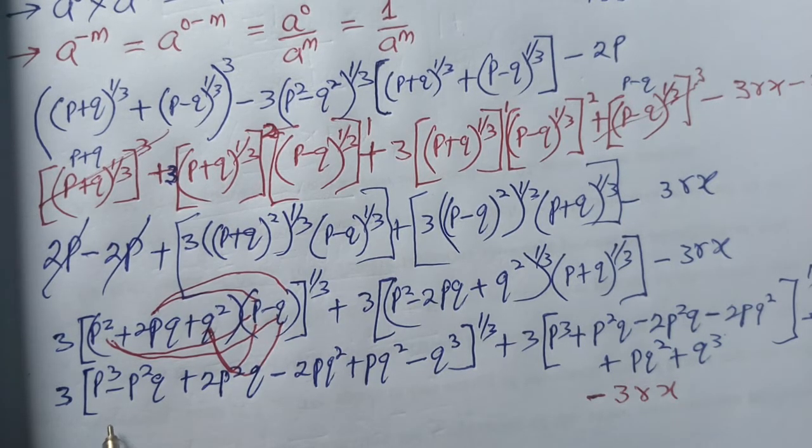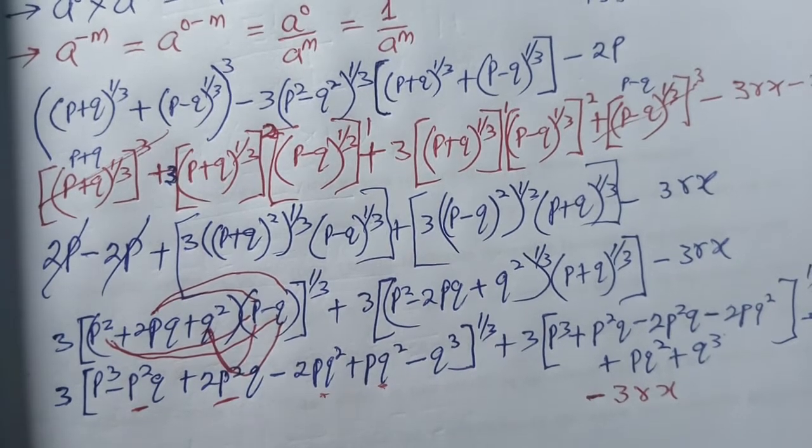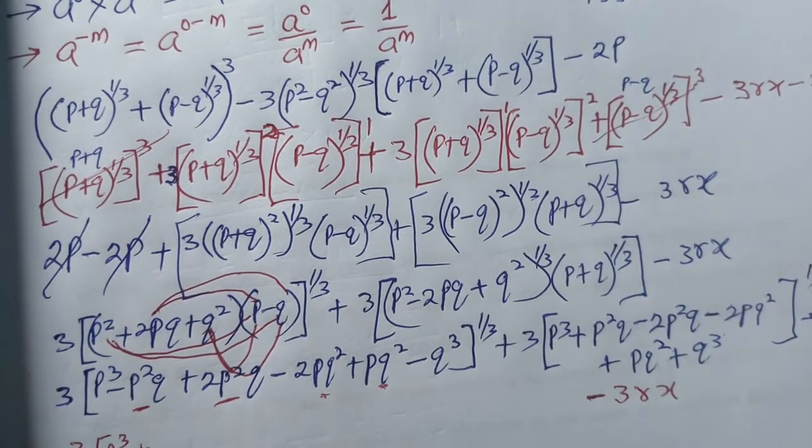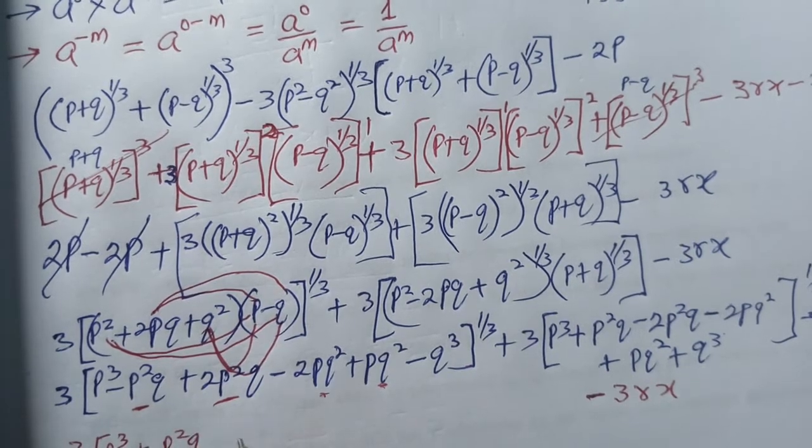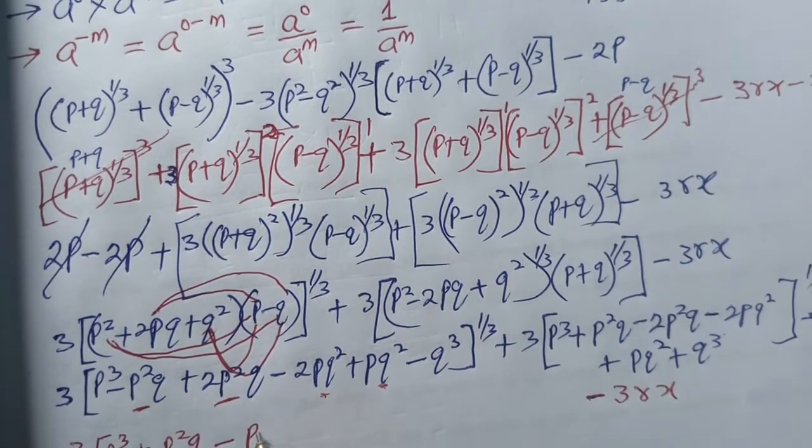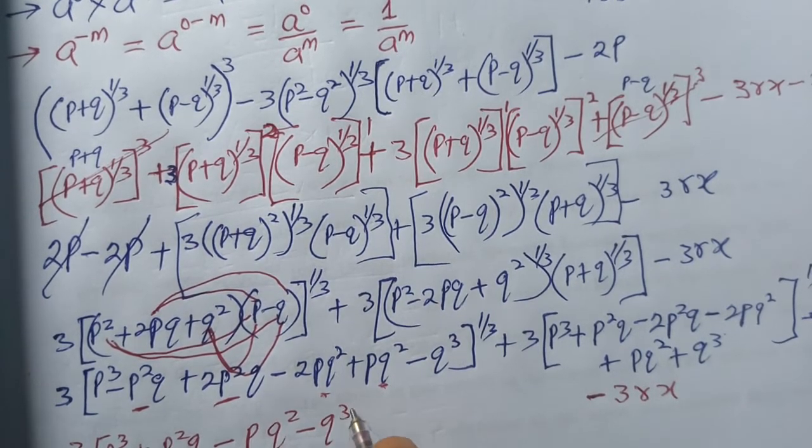To factorize it, this one and this one can go, this one and this one will go, so we'll have it in this form: 3 into (p cubed plus p squared q, this one and this one, minus pq squared minus q cubed) to the 1 over 3.